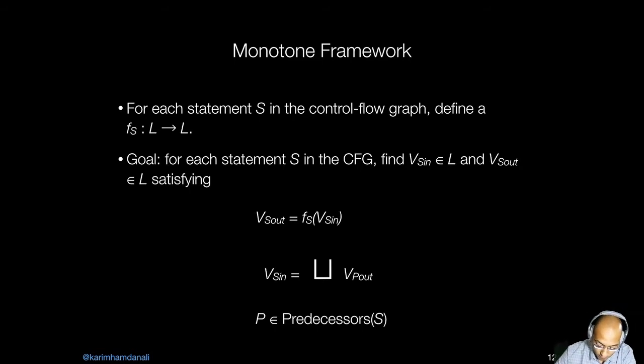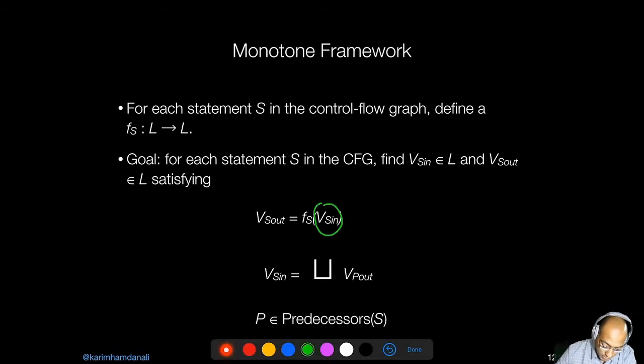We're going to have a vs in and a vs out. Vs in is going to be the input values to the function, or the arguments to those flow functions, and vs out is going to be the output or the result of applying that function to the input. Both values are going to be elements in the lattice.